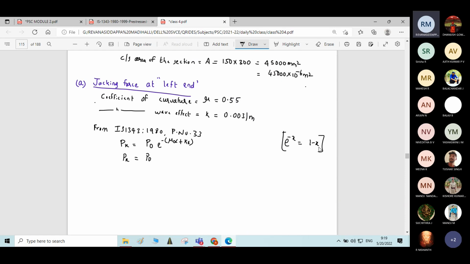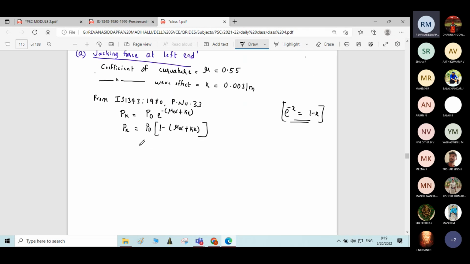Using this formula, we can rewrite P naught into e power minus (mu alpha plus Kx) as P naught into (1 minus (mu alpha plus Kx)). In this way, we can rewrite the equation so that it will be easy for us to do the further calculation.